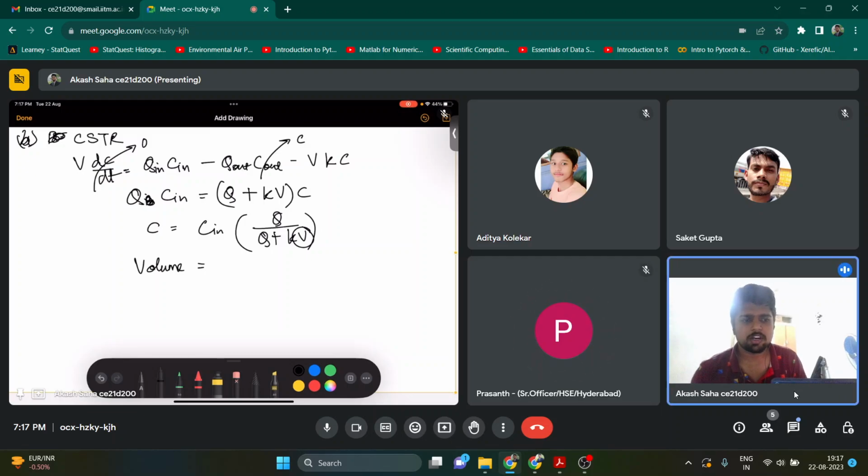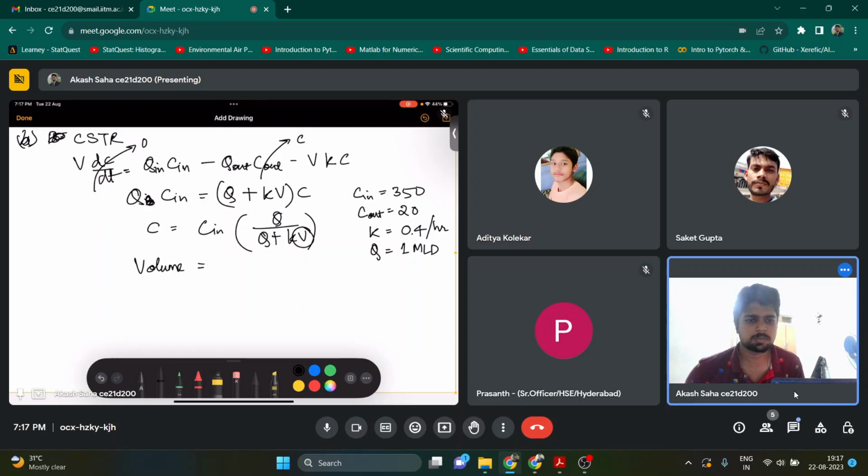So here we are talking about a CSTR reactor, in which the input concentration is 350, and the C out concentration is 20, and we have the rate constant as 0.4 per hour, and the Q is given as 1 MLD. So we have to find the volume of the reactor.